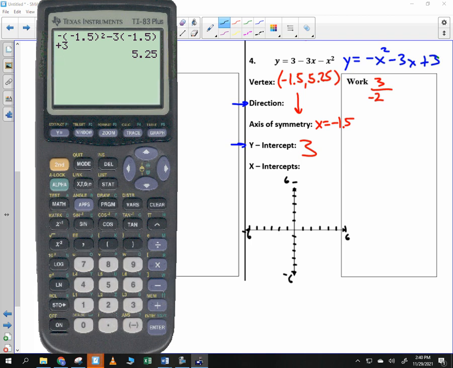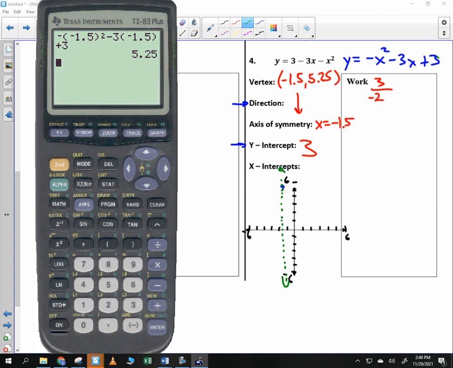Much more fun. I'm going to plot my vertex, negative 1.5, so back 1.5, and up 5.25. And again, the axis of symmetry is an imaginary line that divides it in half.